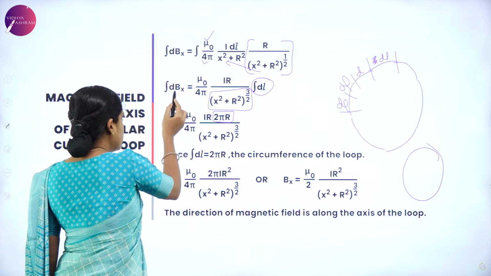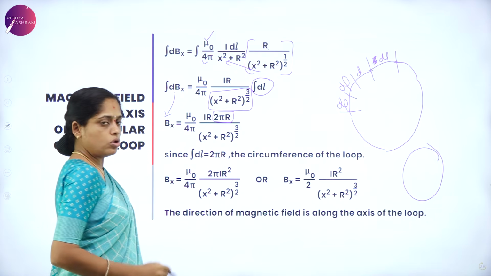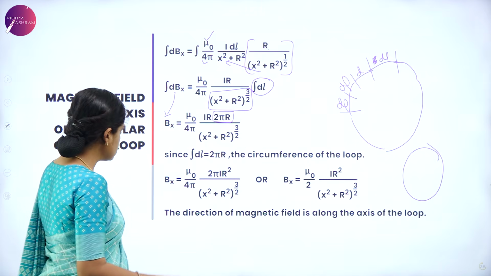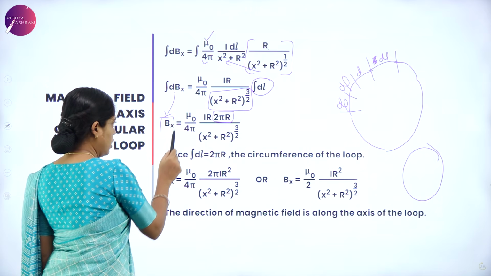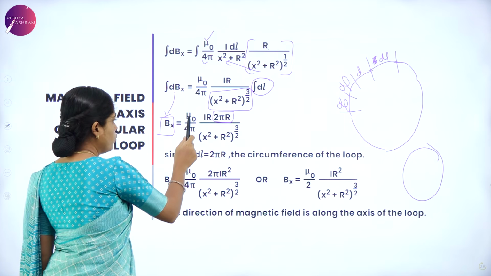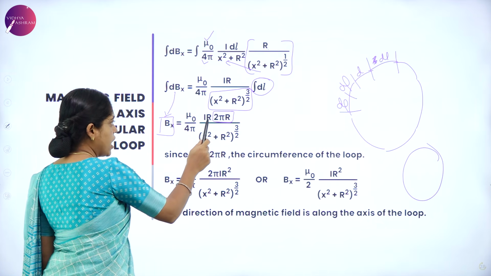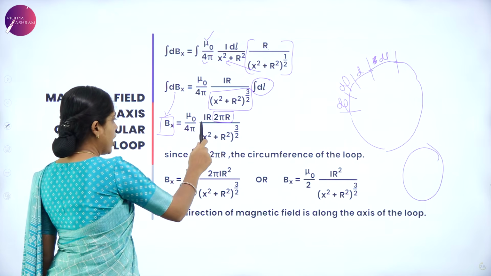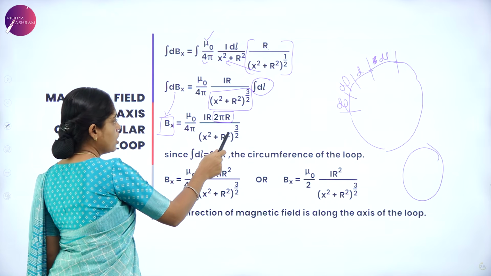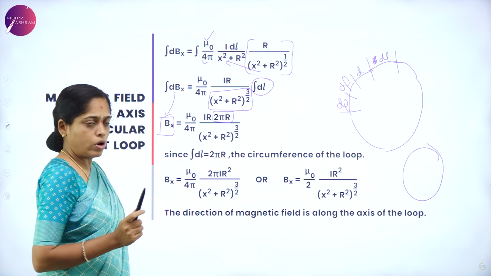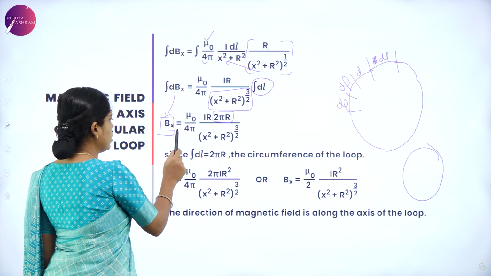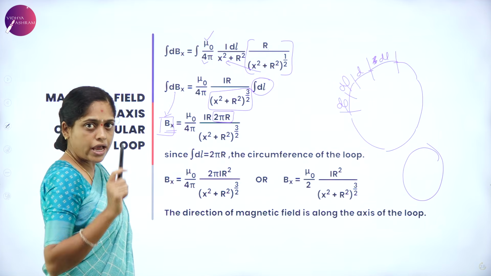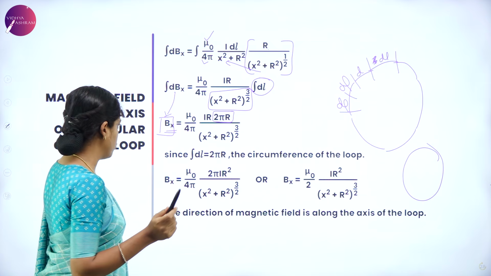So, the magnetic field due to a circular loop carrying current on its axis is B, which is equal to mu naught by 4 pi, I times r times 2 pi r, the circumference of the circle, divided by (x square plus r square) whole to the power of 3 by 2. And remember, this magnetic field is along only the x-axis because the y-axis components cancel out.